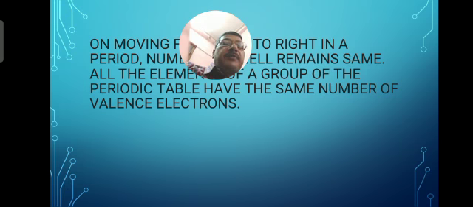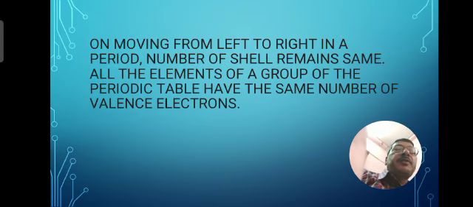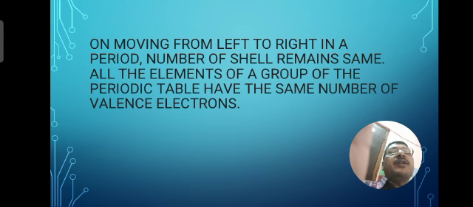Now come to the next point. On moving from left to right in a period, the number of shells remains the same. All the elements of a group of the periodic table have the same number of valence electrons. There is no increase in the valence electrons; it remains the same.